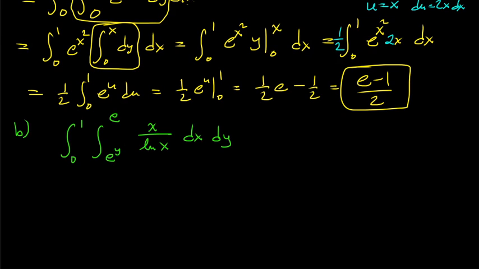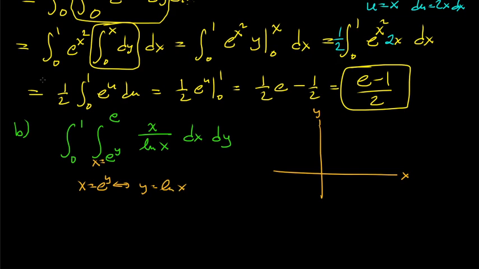Okay, so yep, I have no idea how to evaluate this integral at all. So that tells me we're just going to have to switch the order of integration again, and we'll just do a usual graph here. So x equals e to the y is just y equals log x.